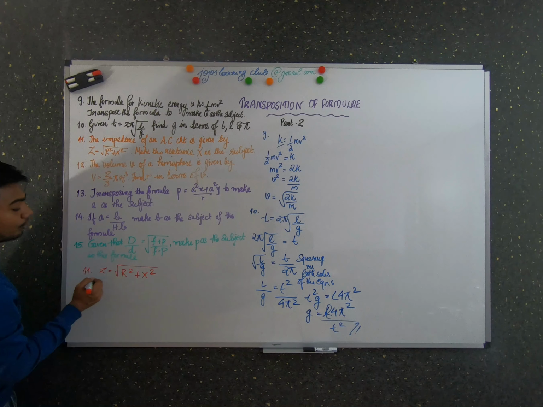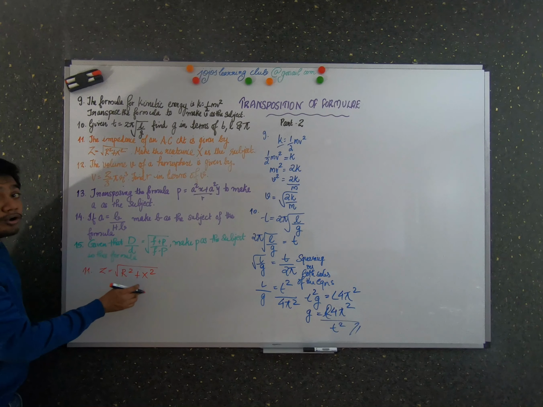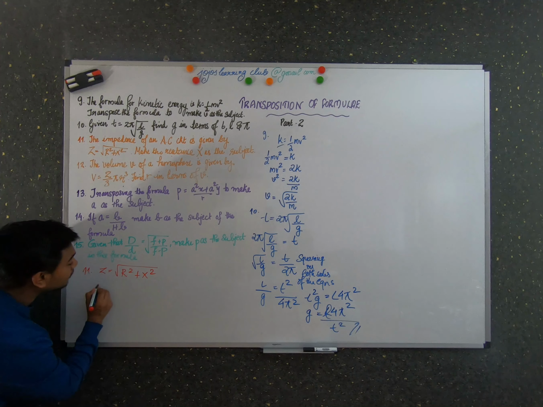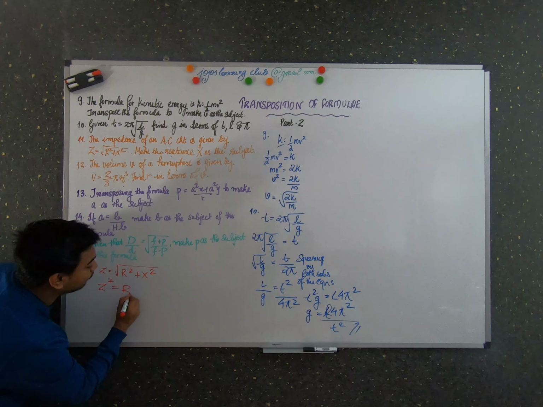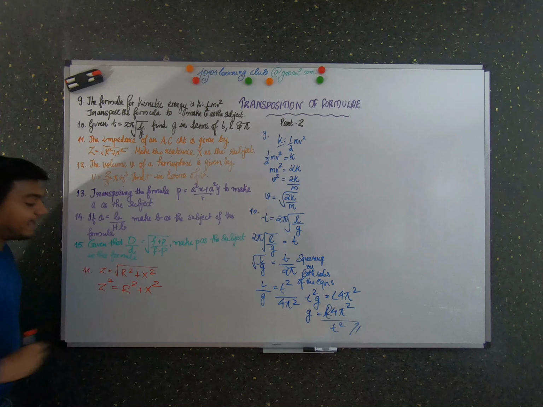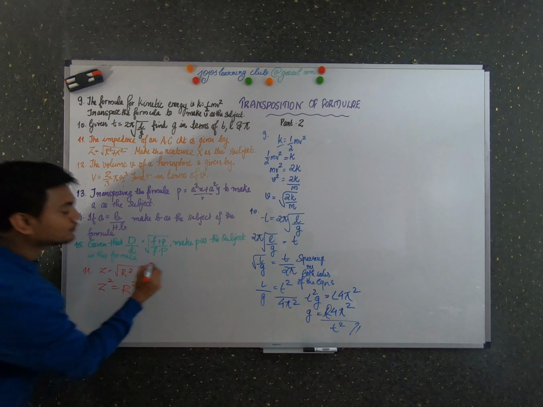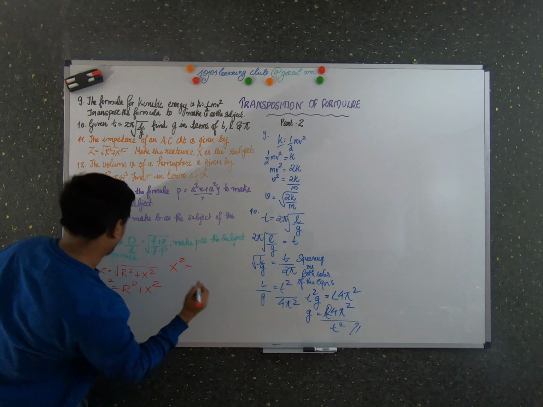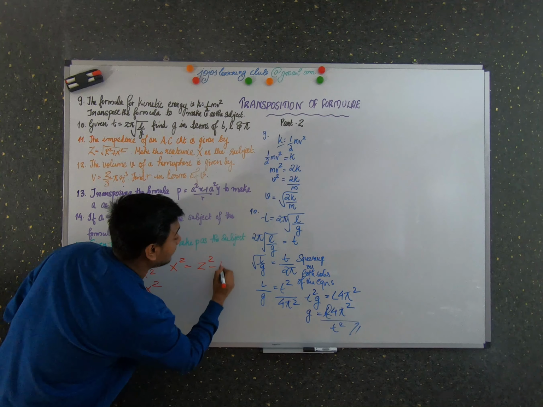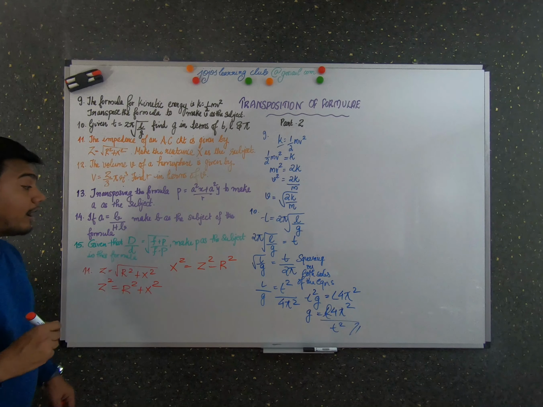For that, first of all, I have to square because there is a root part in it. So Z square is equal to R square plus X square. And I have to find the reactance, right? So X square is equal to Z square minus R square. And now what I am going to do?